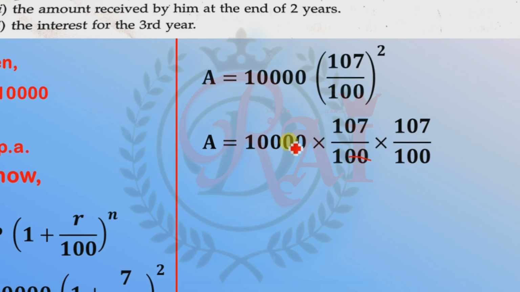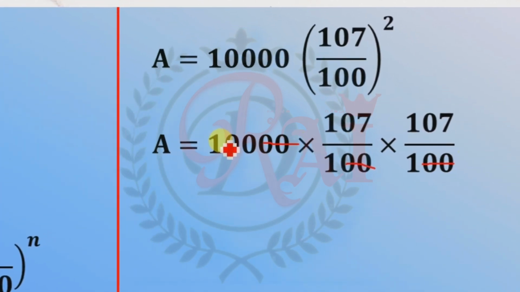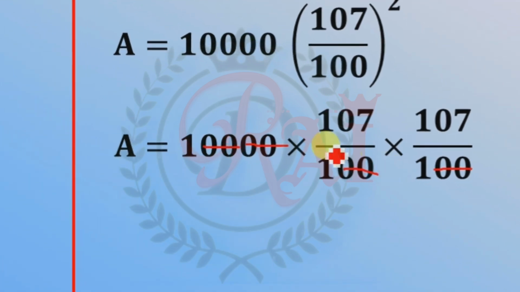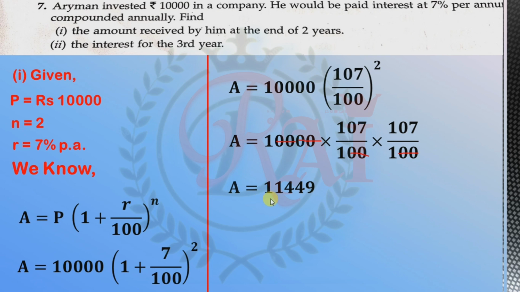Now this 20 gets cancelled with this 20, and this 20 gets cancelled with this 20. 107 into 107 is equal to 11,449.